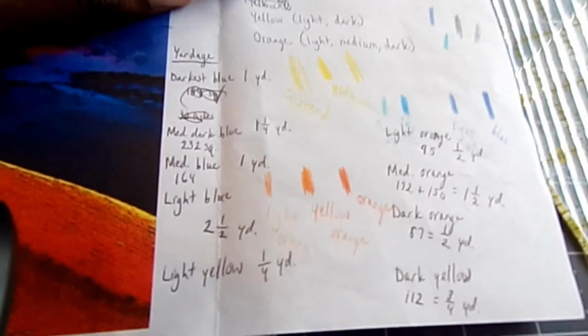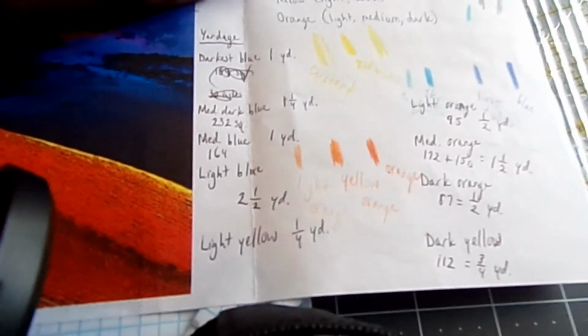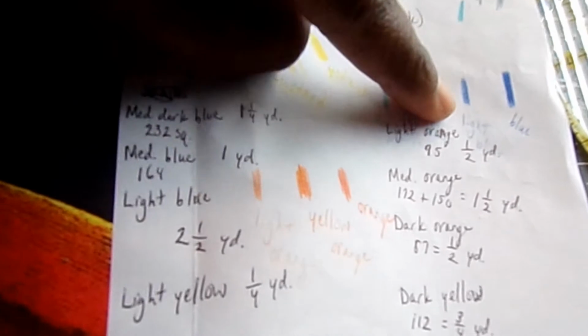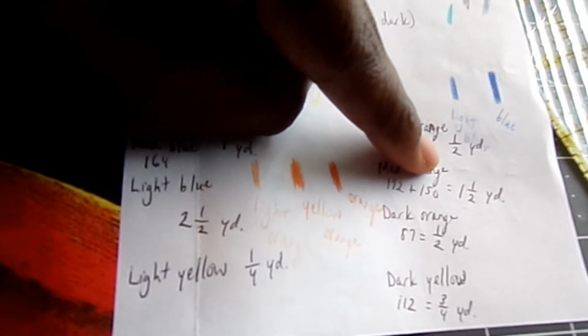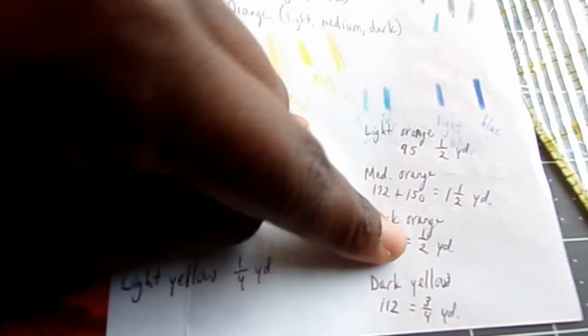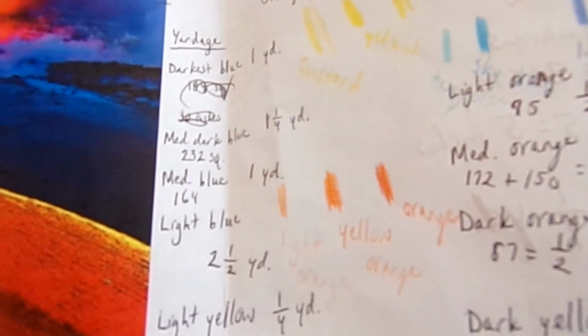So I'll figure out all the other ones, and then I'll show you what the measurements are. All the measurements are here for the yardage that I need. Some of them I need really small amounts of yardage, but I think I am going to go ahead and get 3 or 4 fat quarters for each one of those.